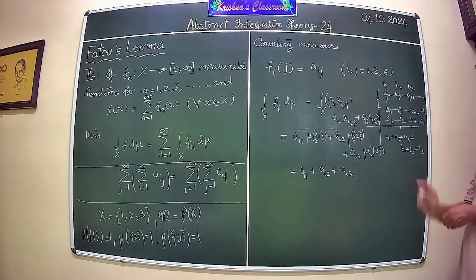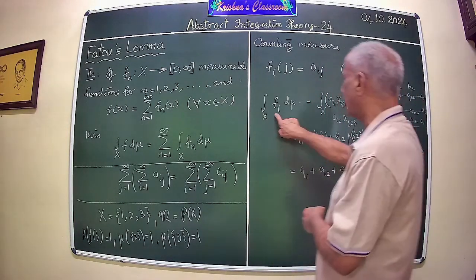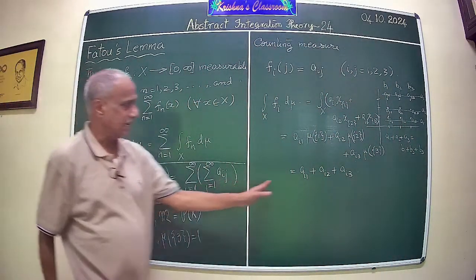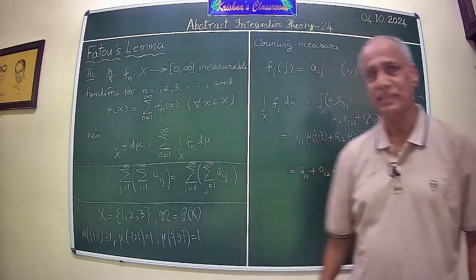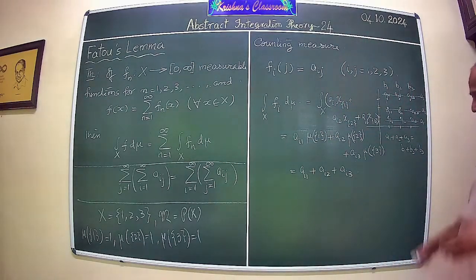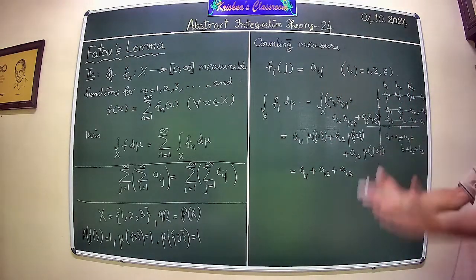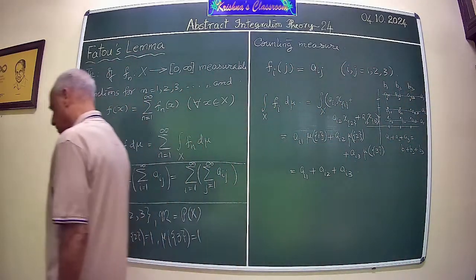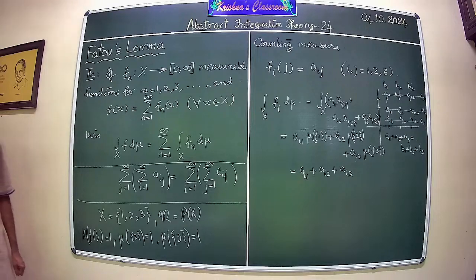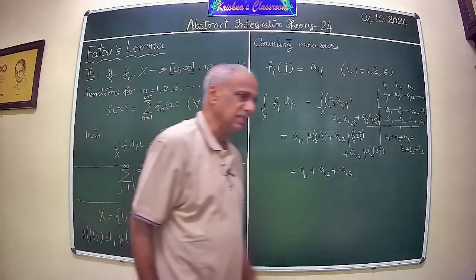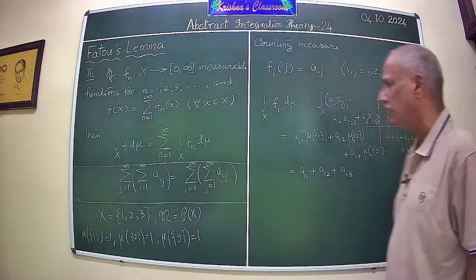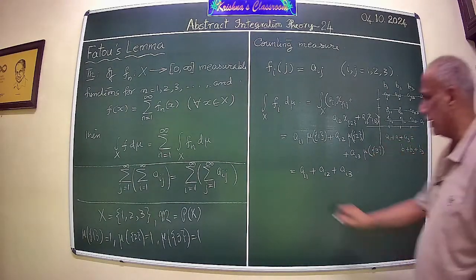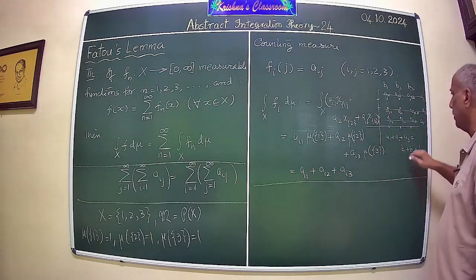So that's how you evaluate. So this sum can now be written in the form of an integral, and that's important. This sum can be written as an integral by introducing an appropriate measure on the domain of these functions. This is what's called the counting measure. So by introducing counting measure, you can define the sum as this.